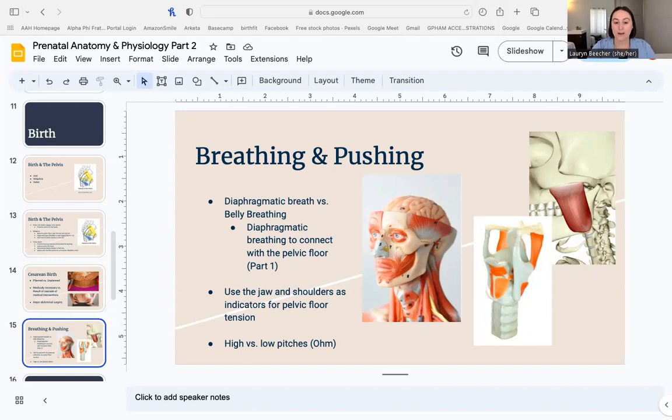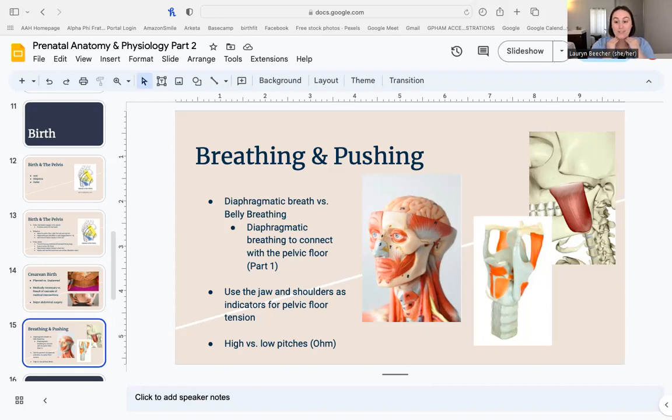So when we think about breath for pain management, diaphragmatic breathing can be beautiful. When we think about how that relates to managing pain or managing contractions overall, think about the connections between the muscles of the jaw and the vocal cords.